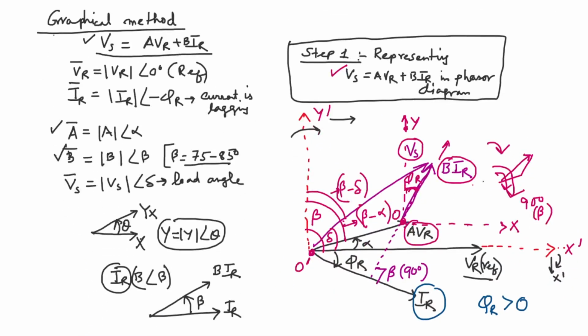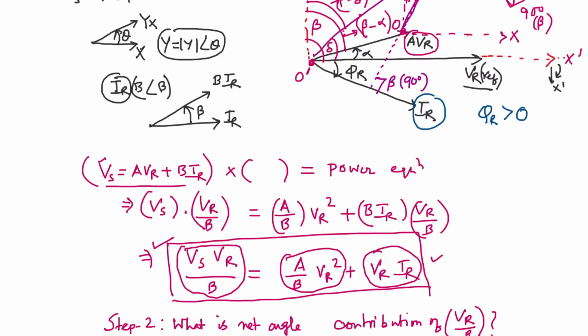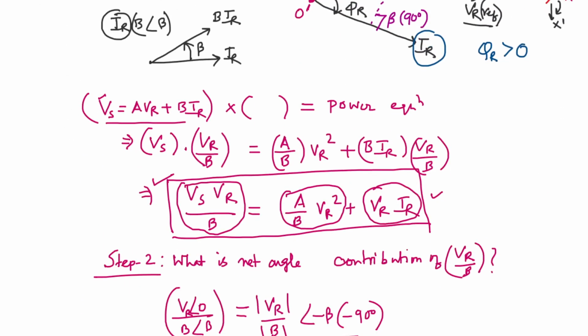So in step 1, we represented VS equal to A VR plus B IR in terms of a phasor diagram. Thereafter, we multiplied the entire equation with the term VR by B so that we can get the power equation.